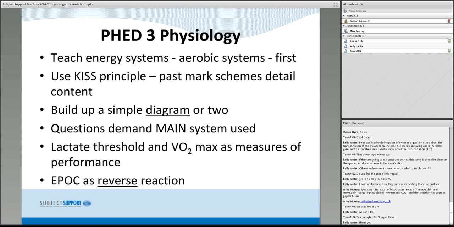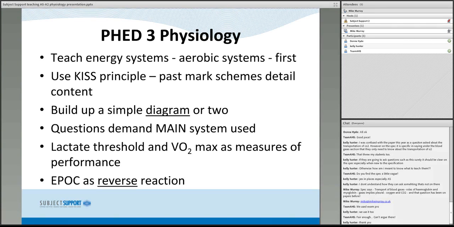So I always hit energy systems on day one. I hit them with aerobic systems, use the KISS principle, keep it simple, and use past mark schemes to detail the content. I do not deliver anything that I don't think will get them credit in the exam. It's slightly different, again, to OCR.